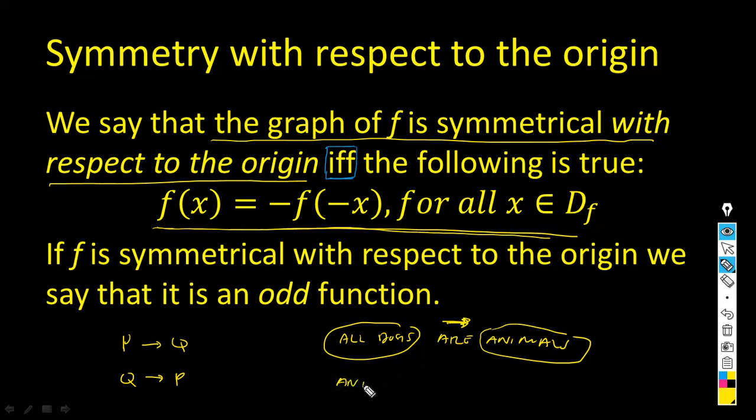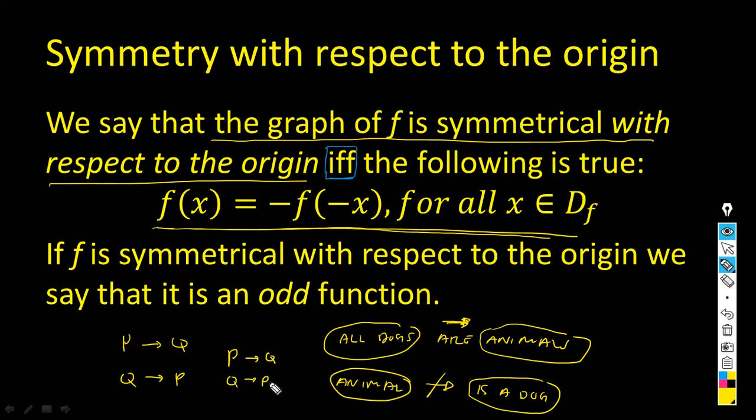Something being an animal doesn't imply that that something is a dog. Can you see? But when you have two statements that actually imply one another, that P implies Q and that Q implies P, then you have the if and only if.